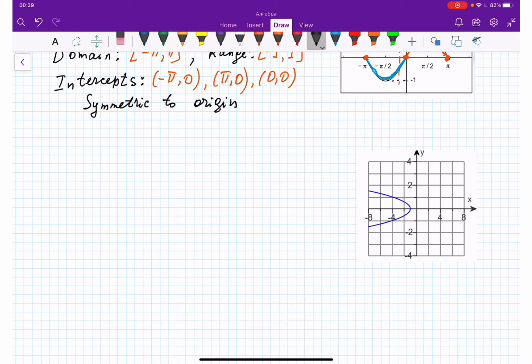So no, it is not a function, right? Because if we provide a vertical line, we can see it's crossing in 2 points, this and this. Okay. First of all, not a function.